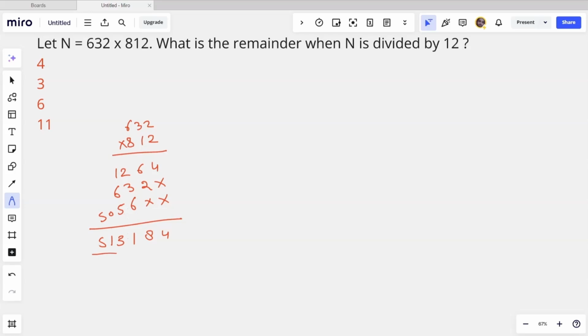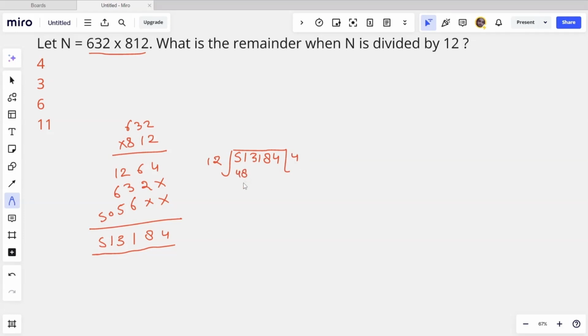So this is the product of these two numbers. Now the product is 51318 divided by 12, and now let's divide this number.